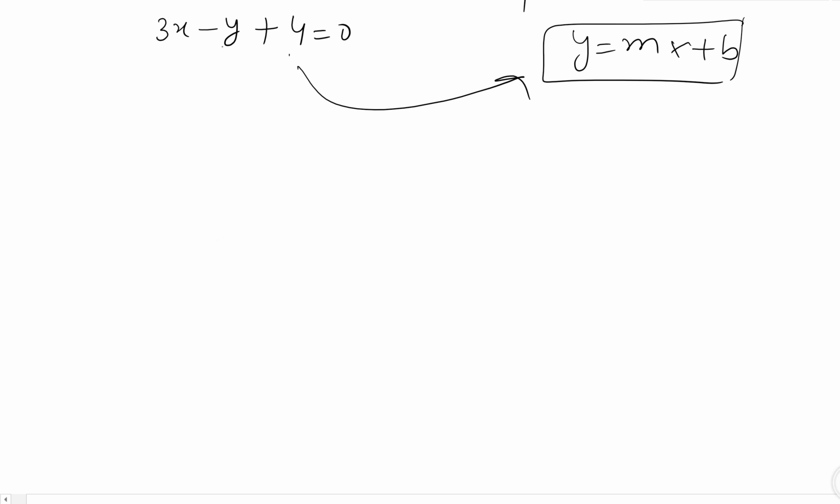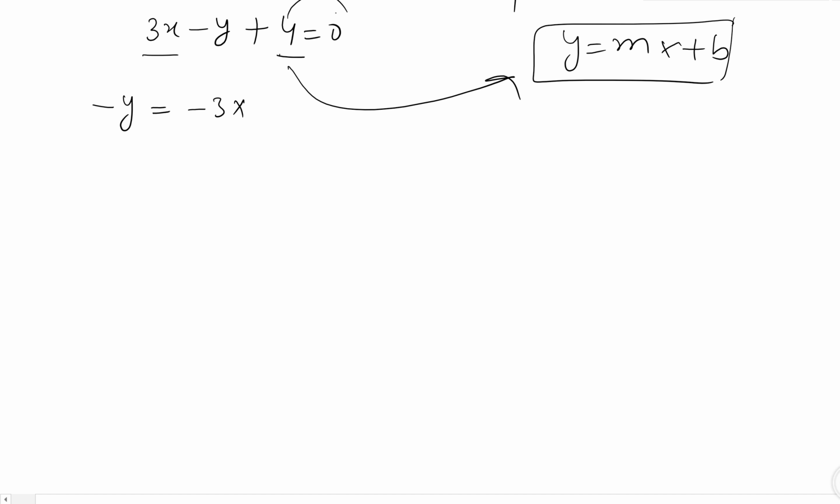Now what we're going to do, we keep negative y here and send the rest of the terms to the right hand side. 3x moves to the right hand side, you get negative 3x. You move the constant to the right hand side, you get negative 4. Now you multiply both sides by negative 1.